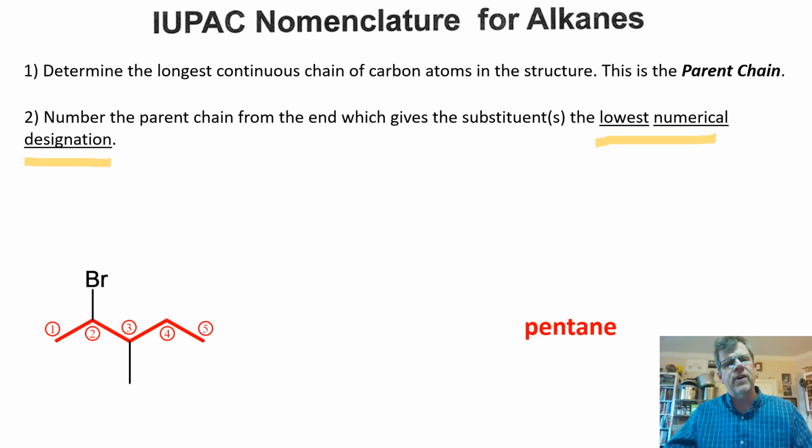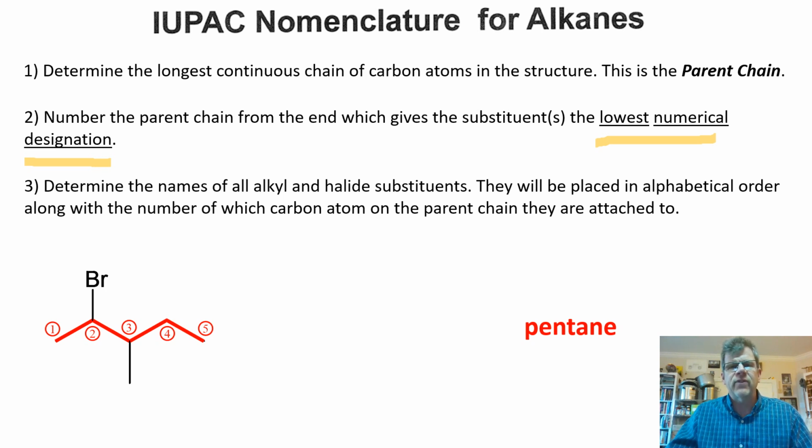So we number these carbons from the left to the right because it gives the substituents the lowest numerical designation. Now, everything that is not parent structure must be substituents. So we have to name these substituents, or at least identify them. So here we have a methyl group and a bromo group.